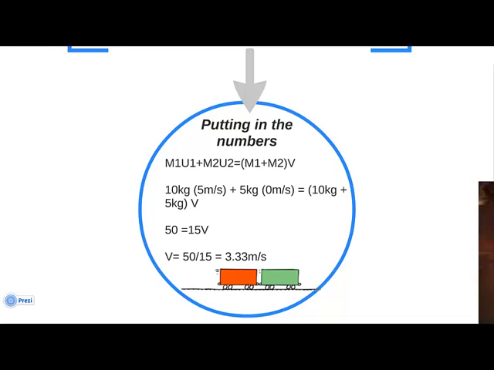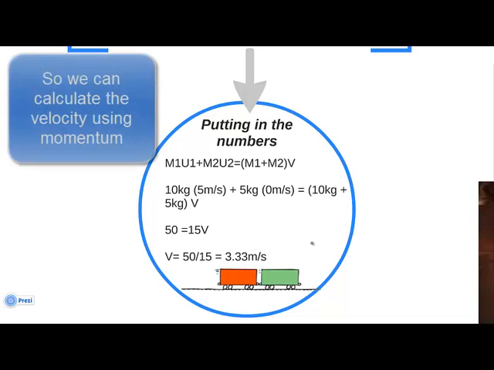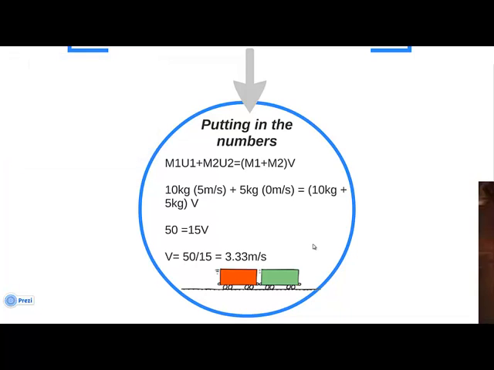So that equals the momentum after collision, which equals (m1 plus m2) v, meaning 10 plus 5 times v. We get 50 plus 0 equals 15v. So we can solve for that: v equals 50 over 15, which is 3.33 meters per second. So it isn't hard to calculate the momentum at all. And in an inelastic collision, kinetic energy is lost.